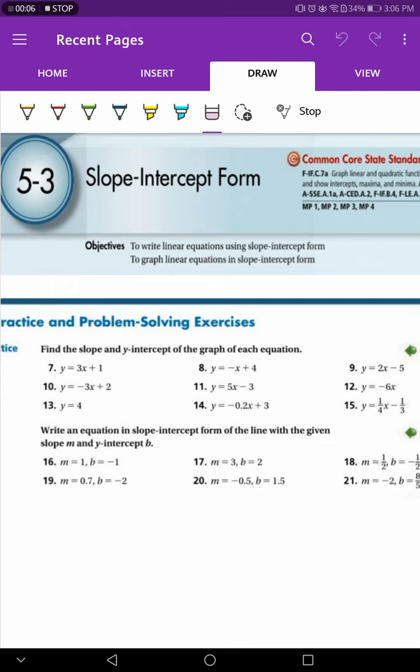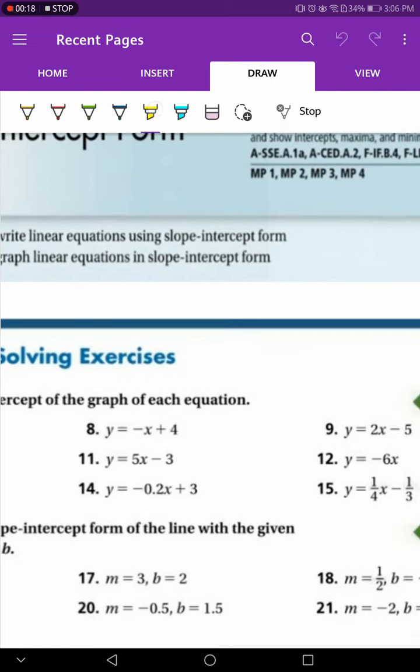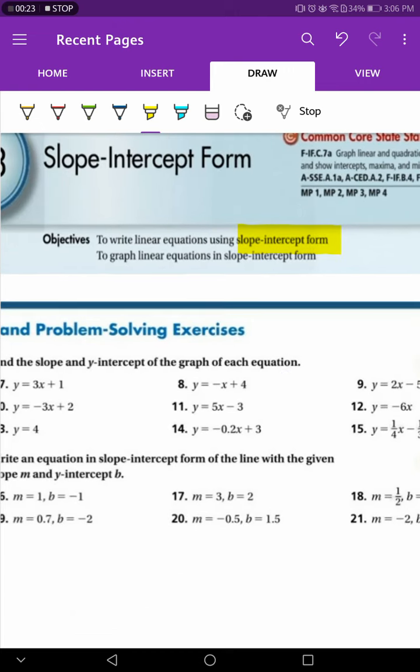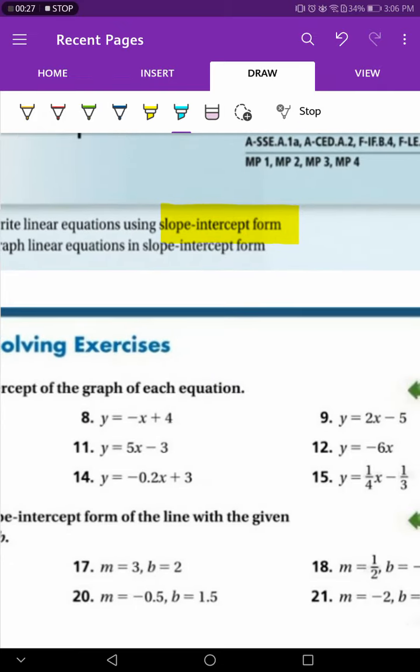Our lesson today is 5-3, slope-intercept form, and our objective is to write linear equations using slope-intercept form. To graph linear equations in the slope-intercept form, you see, we are working in this form of equation called slope-intercept form.